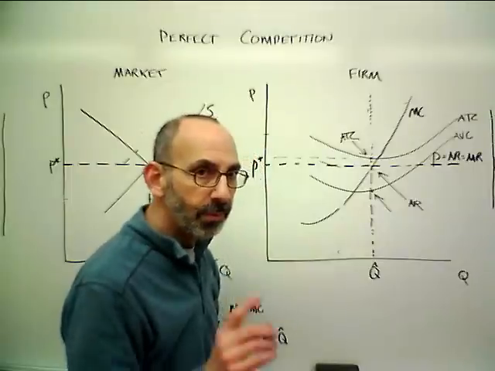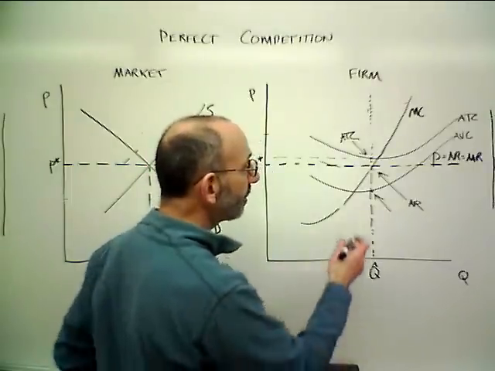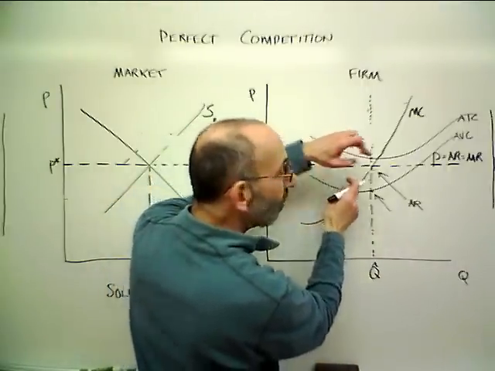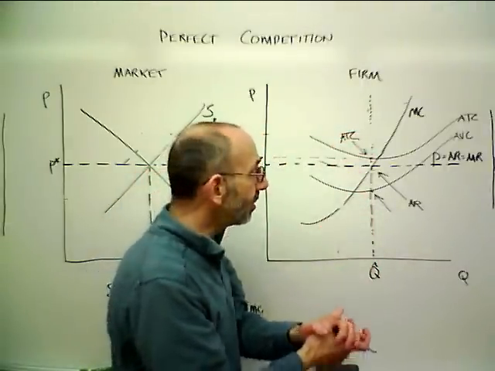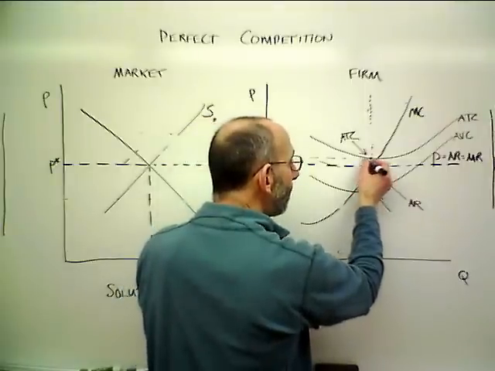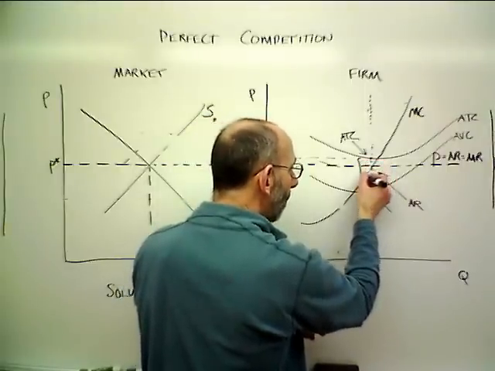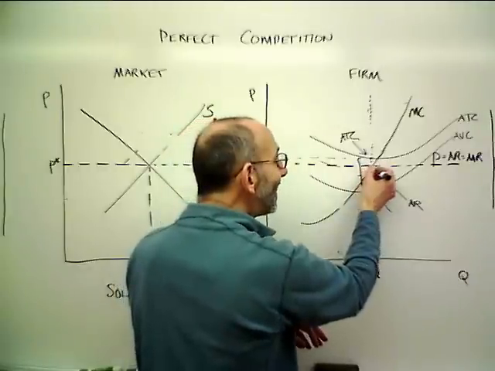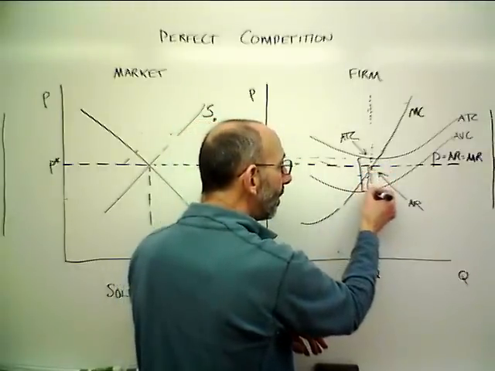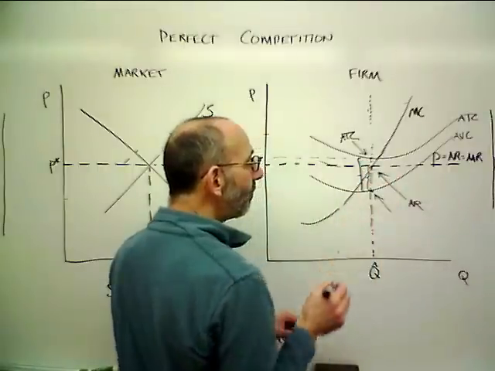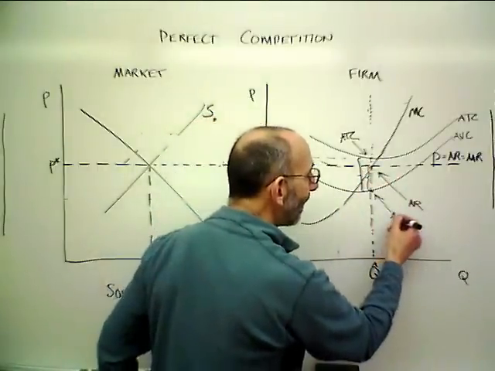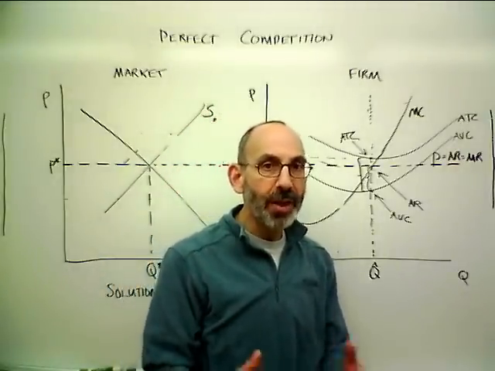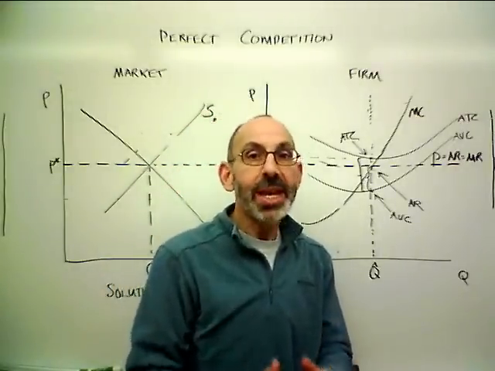For this firm, interpretation shows us, remember we said that the difference between these two curves was the average fixed costs. So we have this entire area here is average fixed costs, but this segment here between revenues and the variable costs, well, that represents some portion of average fixed costs that we can pay.